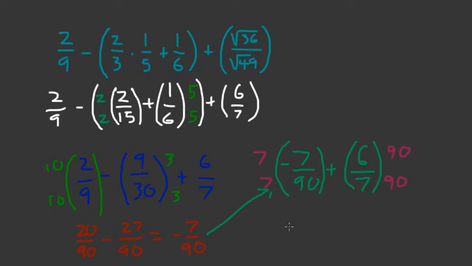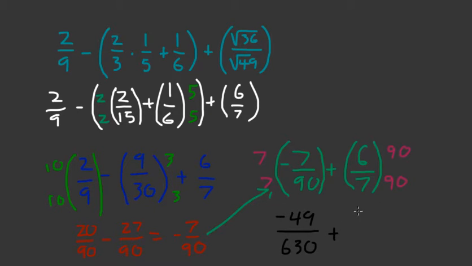All right, and now when we do that, we're going to get negative 49 over 630 plus, what is this?